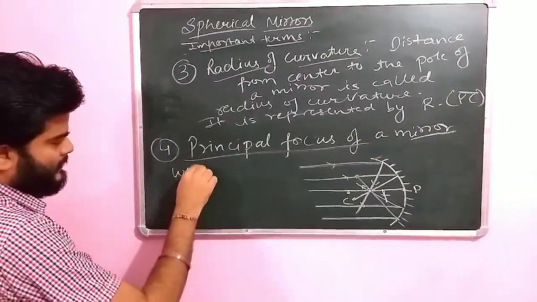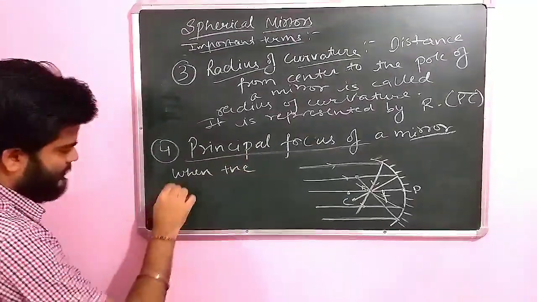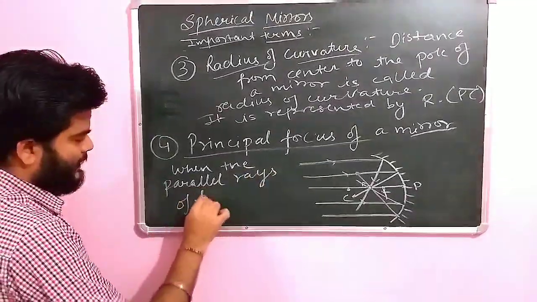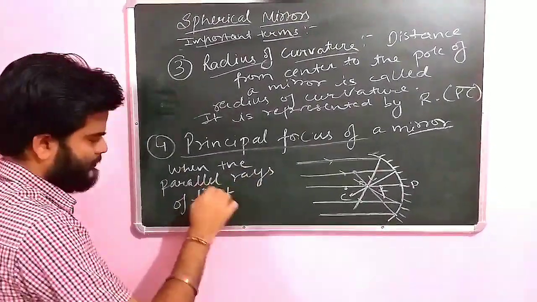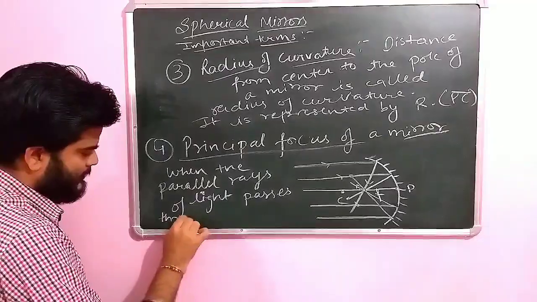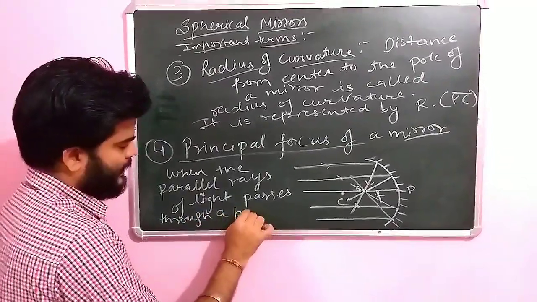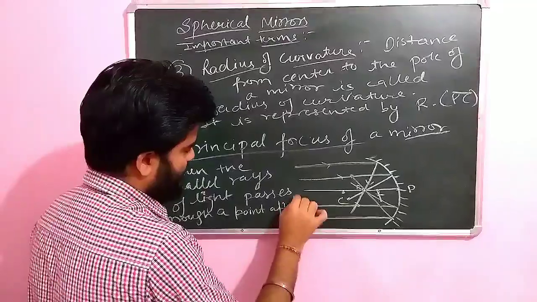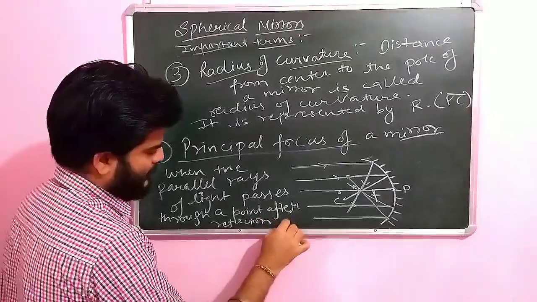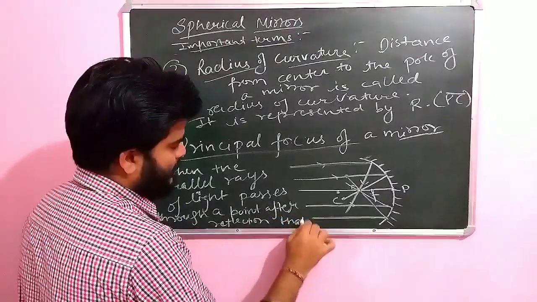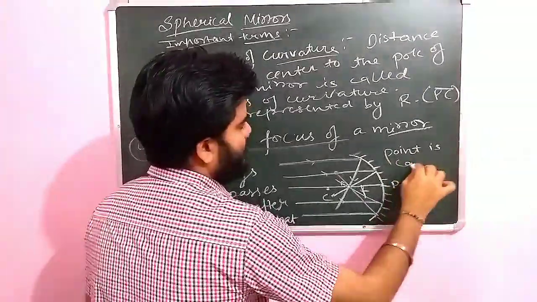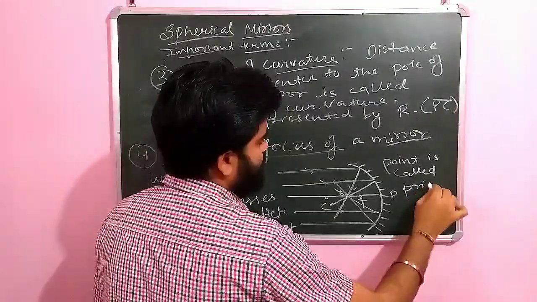It means when the parallel rays of light pass through a point after reflection, that point is called, I am writing here, that point is called principal focus.